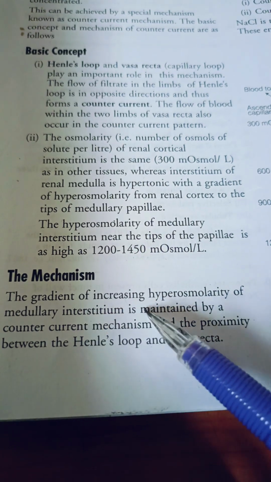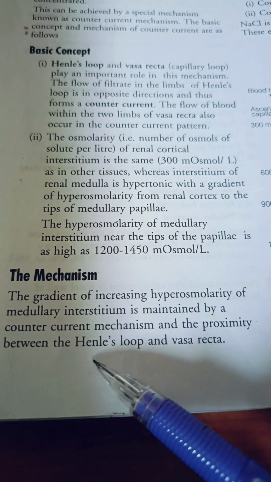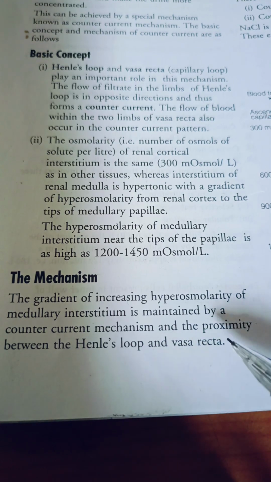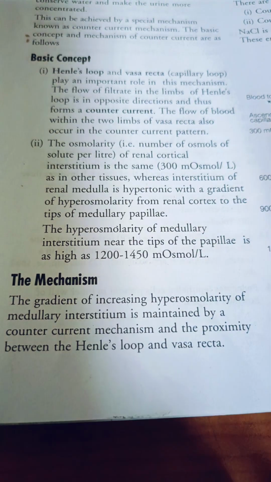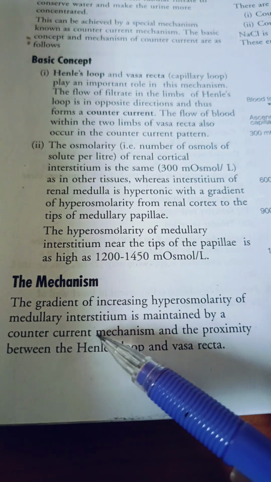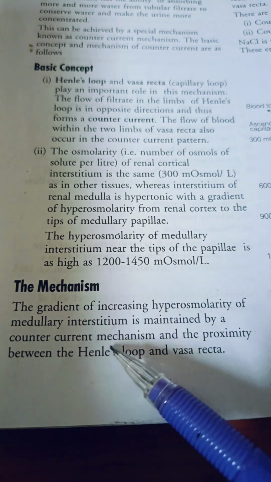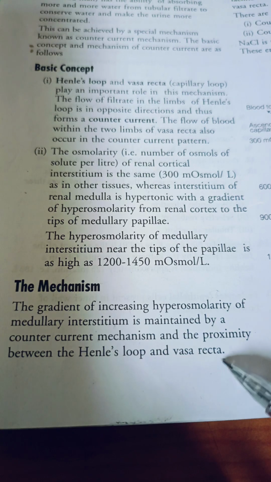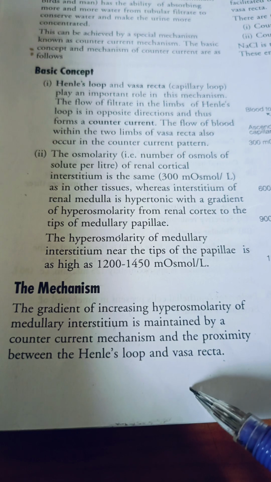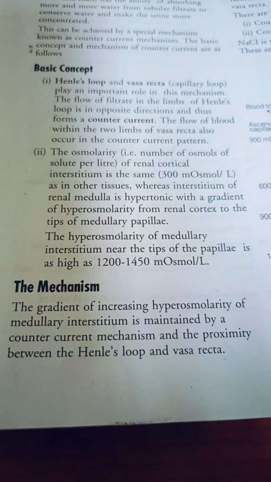The gradient of increasing hyperosmolarity of the medullary interstitium is maintained by a counter current mechanism and the proximity between Henle's loop and vasa recta. So this gradient difference between the medullary interstitium, Henle's loop and vasa recta all forms the counter current mechanism to conserve water in the body.